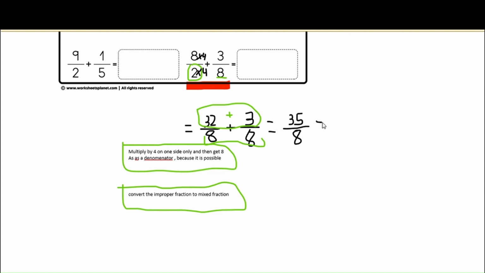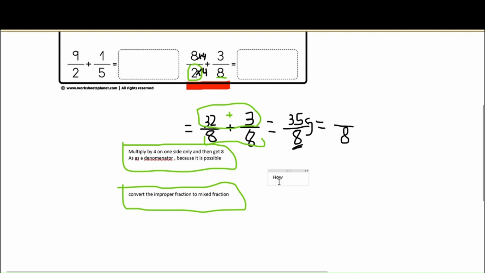Okay, that seems like a question to you, right? So I just ask you a question. You convert this improper fraction to a mixed fraction. How do you do that? Just leave your answer in the comment. But don't worry, it's fine.